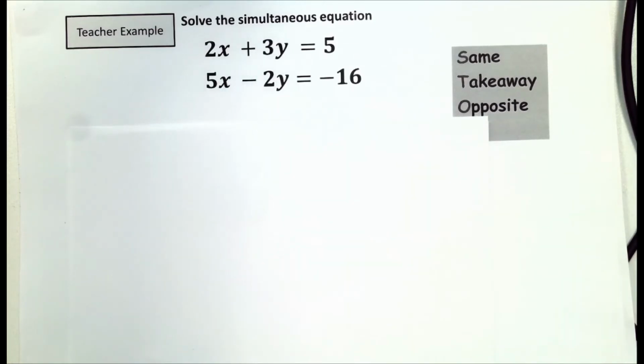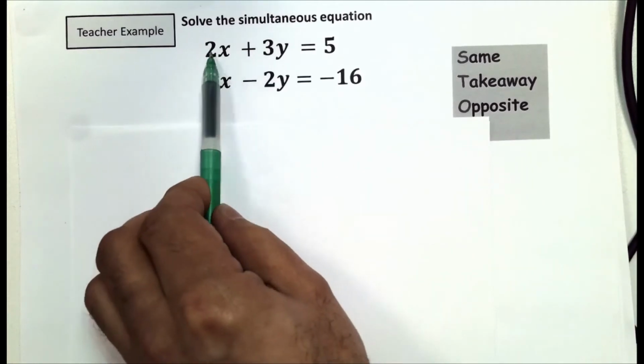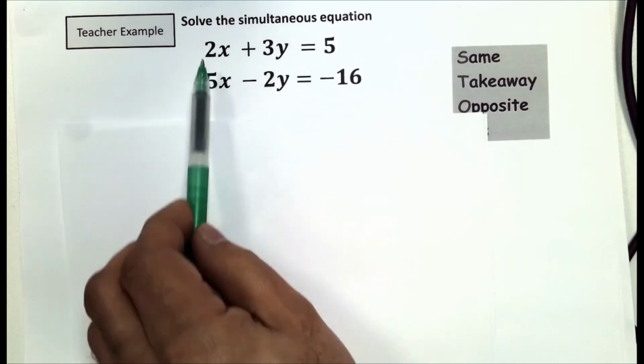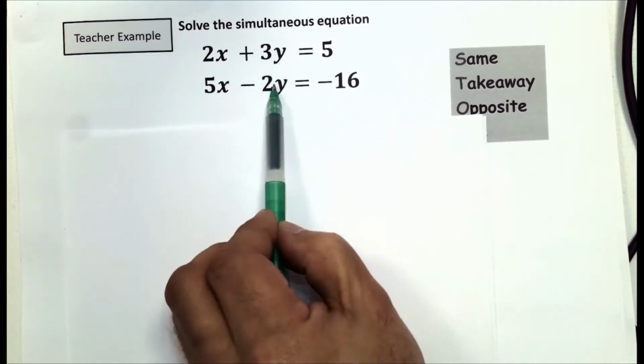So this time we're going to multiply both the equations to look for the lowest common multiple for either of the coefficients. So we could look at either the lowest common multiple of 2 and 5, or the lowest common multiple of 3 and 2.